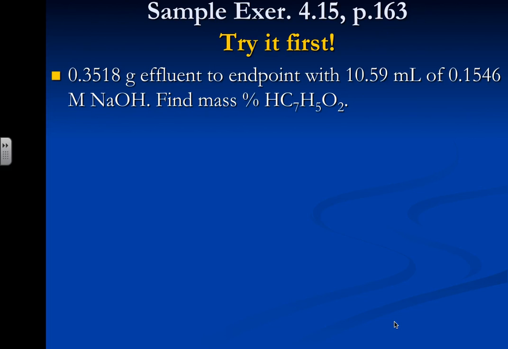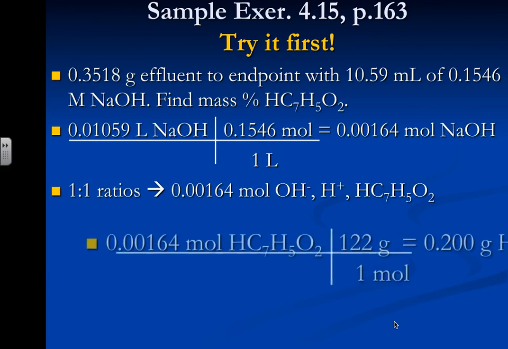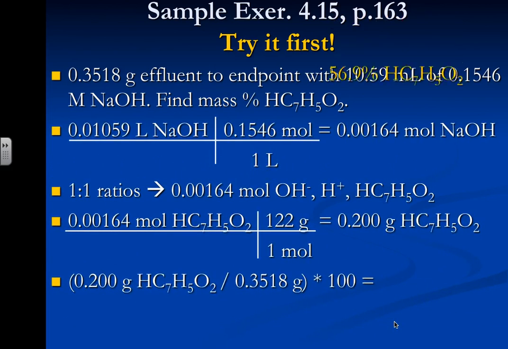Okay, so maybe you did it, maybe you didn't. Do me a favor. Just try this. Check it out. Take a look at what I've done here. Recognize that really the only change is that last bullet point, because really the middle 3 bullet points are all 1-to-1 ratios, hydroxides and hydrogens, using a little gram amount there.